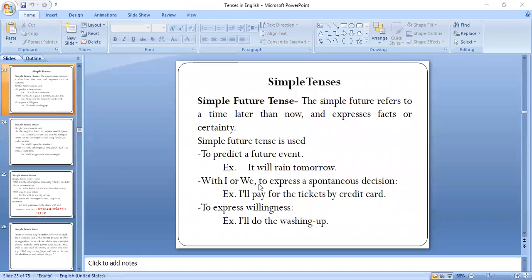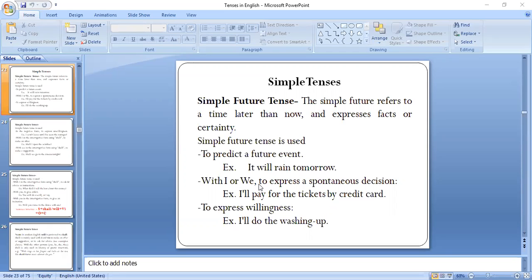So the simple future tense is nothing but the tense which we use for referring to the future time, or for discussing the future time. The simple future tense refers to a time later than now. Later than now means what? Now is the present time. Later to it will be the future, and time before now comes under the past tense.